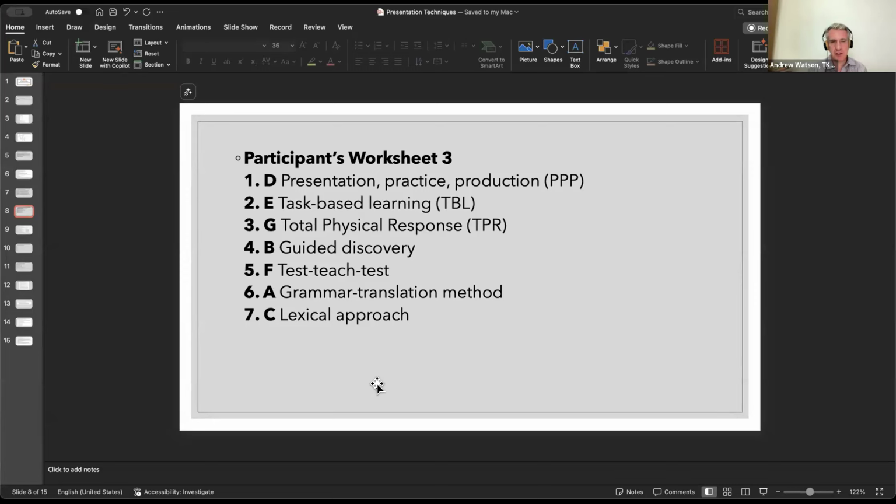Third was total physical response. Guided discovery. 4B. Test, teach, test. Grammar translation. And lexical approach.